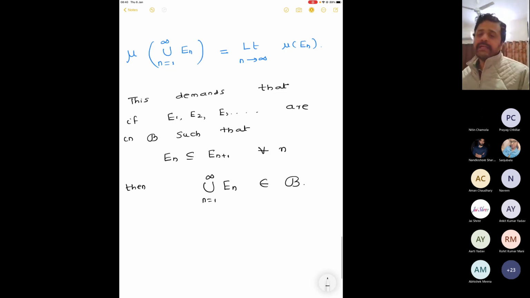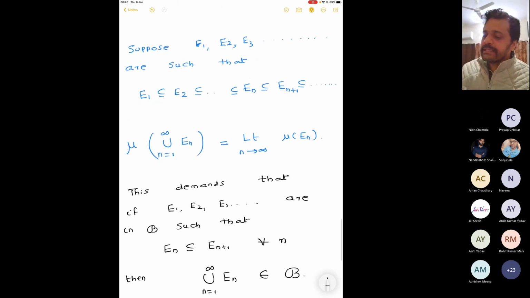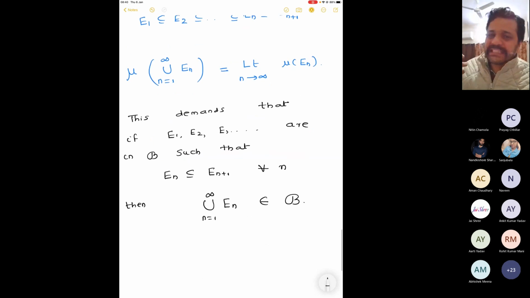This is why I told you the experience with working with length, area, etc. will give what condition you have to impose on mu, and that automatically will tell you how much richness you want on B. They go hand in hand.